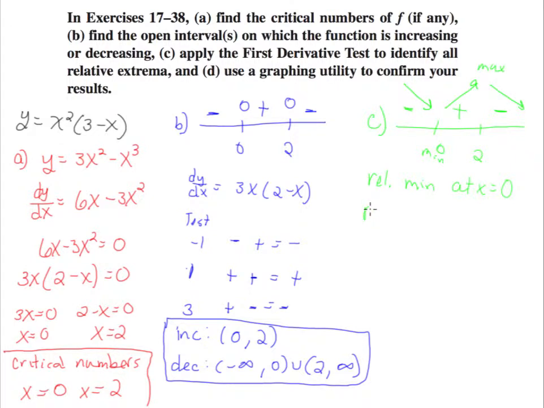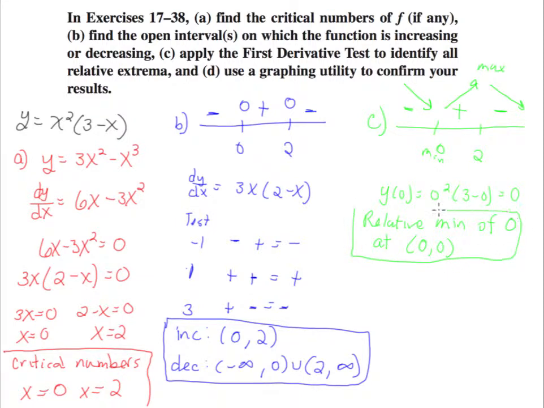To figure out the exact value of this extremum, or the point at which this extremum occurs, you would plug that critical value of 0 into our original function to get our y value. So a better way to say this is I have a relative minimum of 0 at the point (0, 0).